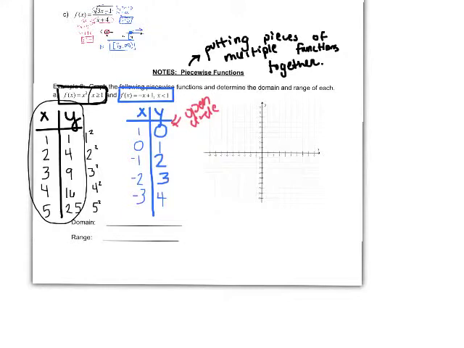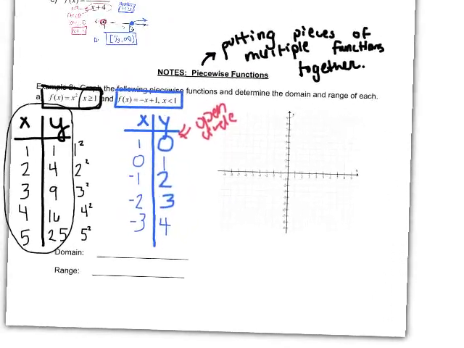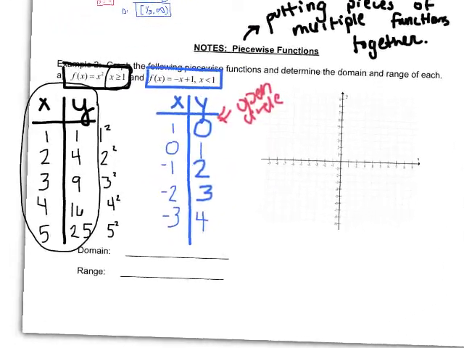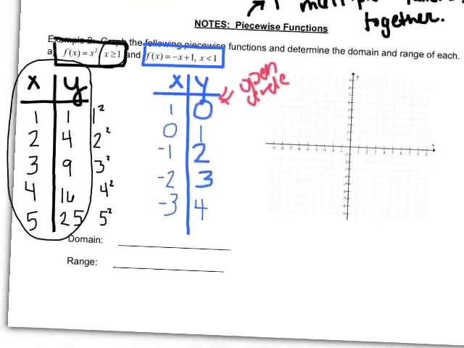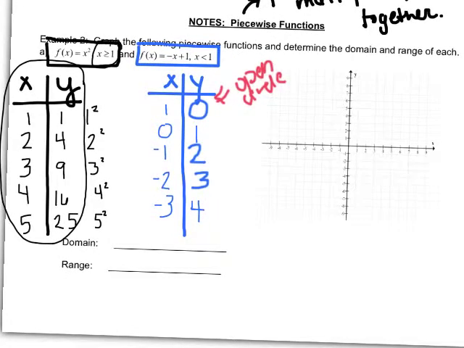All right, so I've got both of these tables, and I need to do my graph now. So I'll do, again, still in colors, I'll graph this one in black, and then I'll graph this one in blue. So let's just do the black one for now. So I have the point 1, 1. So I'm going to try to make this as big as I can without losing my table. So 1, 1 is here.